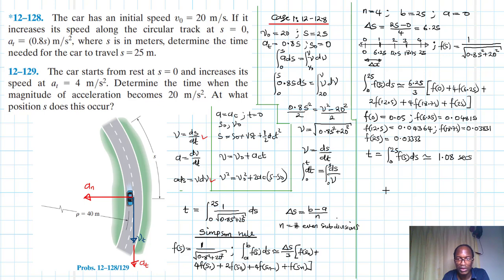Let me repeat this again. We have 6.25 divided by 3, then 0.05 plus 4 times 0.04815 plus 2 times 0.04364 plus 4 times 0.03831 plus 0.03333.